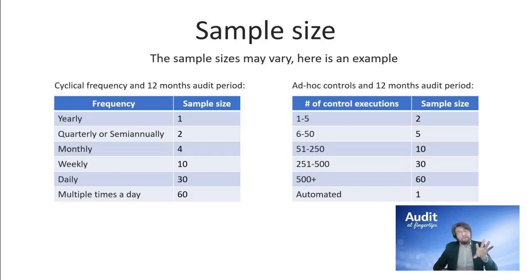Right, so if we see that there were up to 5 control executions within this period from June last year to May this year, we can sample all of them, or at least a couple, right? So if we see up to 50, it means we need to make a sample of 5, right? If we see that the population grows up to 250, maybe we want to sample 10 and more. 500 will require us to test 30, and more than 500, it's 60 or more.